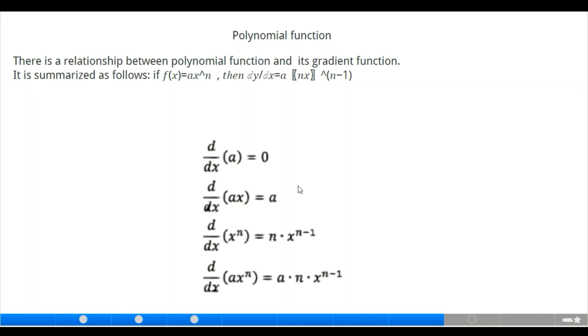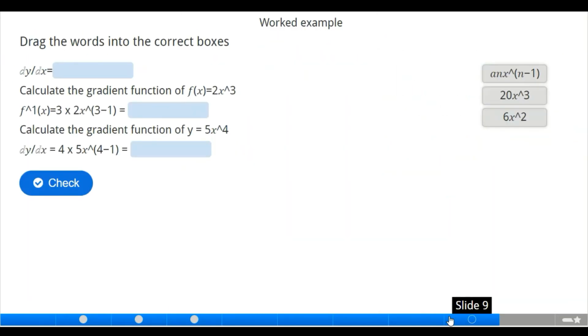That is the formula for differentiating the very first time when we have a polynomial function. So we have to use this to calculate the gradient of this function.